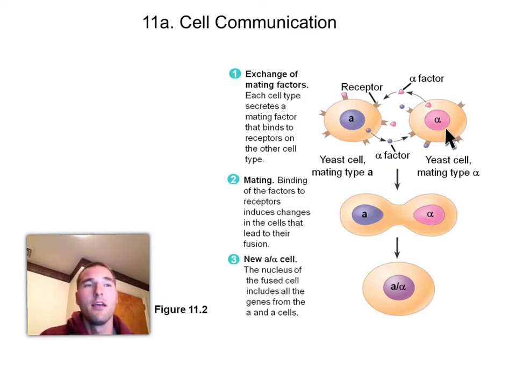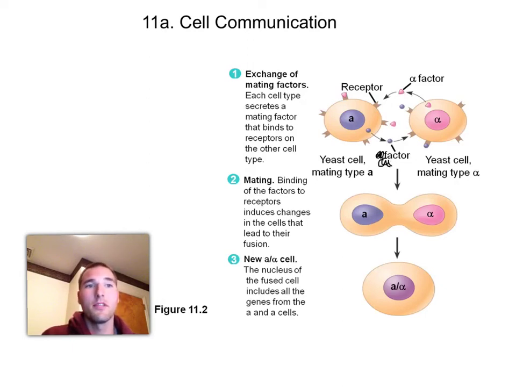Essentially what happens is, when they are ready to mate, they produce proteins, little molecules that they excrete. The alpha yeast cell will produce what they call alpha factors, and the A yeast cell will produce these A factors, and they basically exchange these chemical signals.